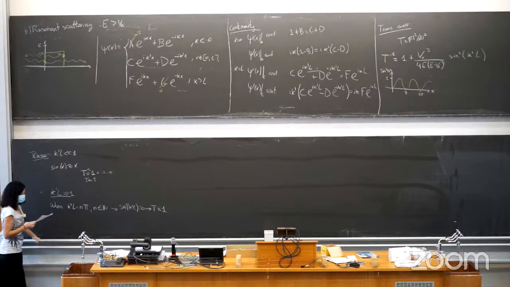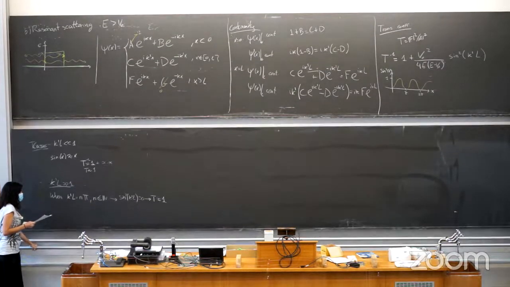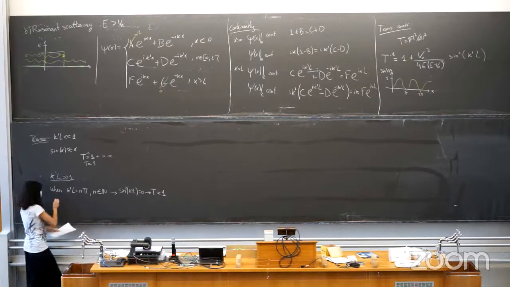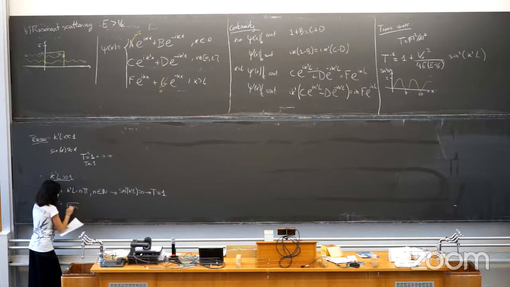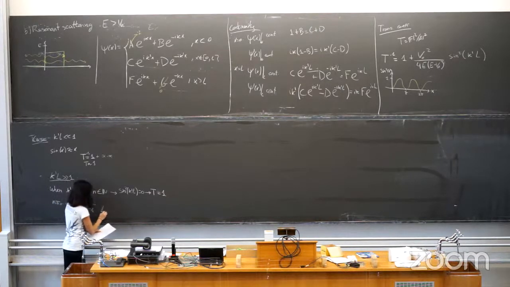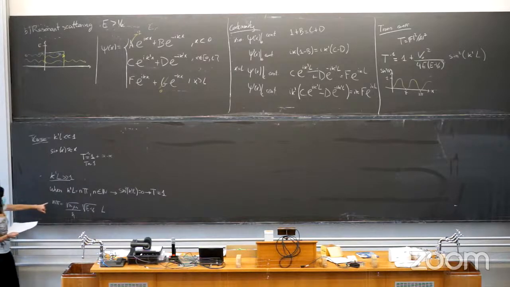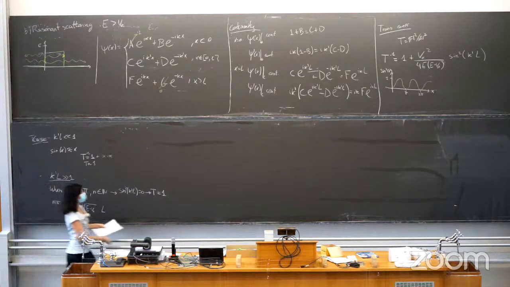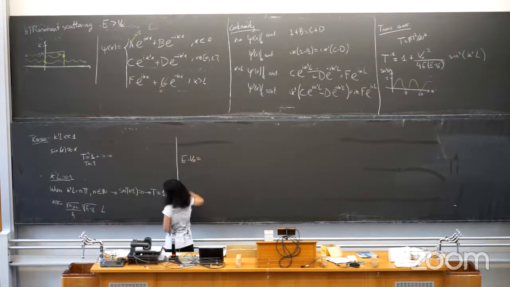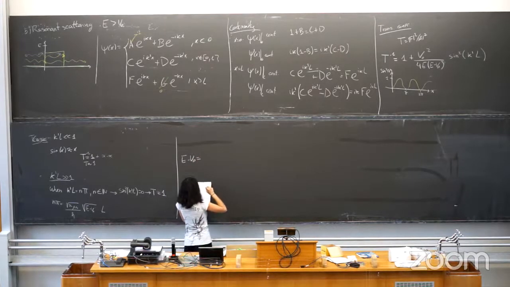And when this happens, we now need to replace what k prime was. So we have n pi equals k prime L. What is k prime? It's the square root of 2 mu over h bar, times E minus V0, times L. And now if we solve this in a different way and write it as a function of E minus V0, what we get is E minus V0 is, oh, there was a typo in the lectures, by the way, but it's solved here.